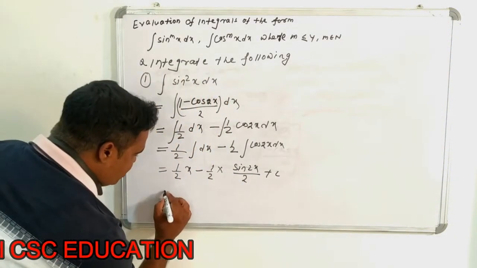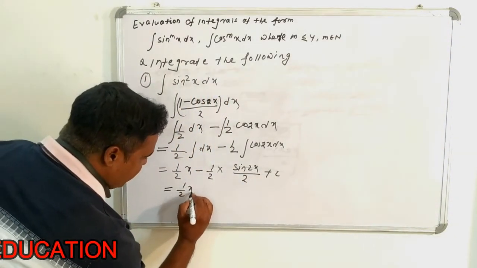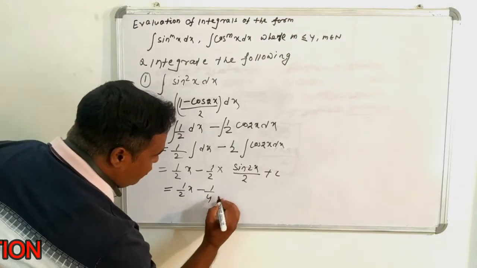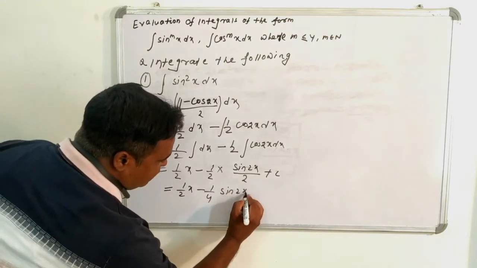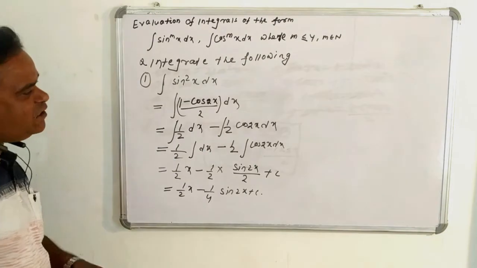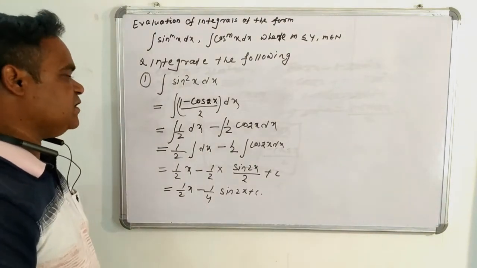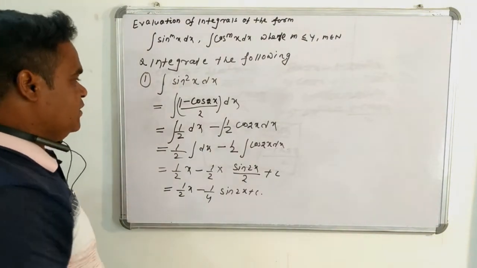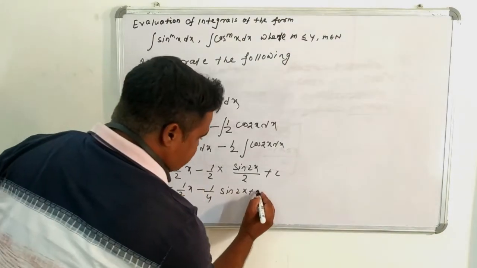So this value equals 1 by 2 of x minus 1 by 4 sin 2x plus c. Here c is the integration constant.